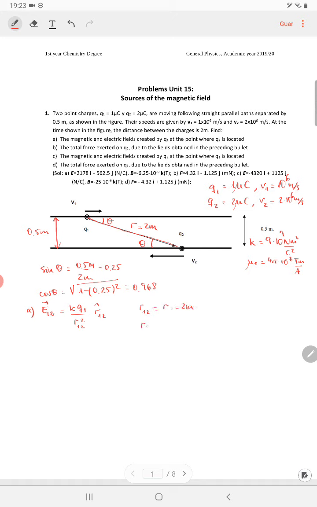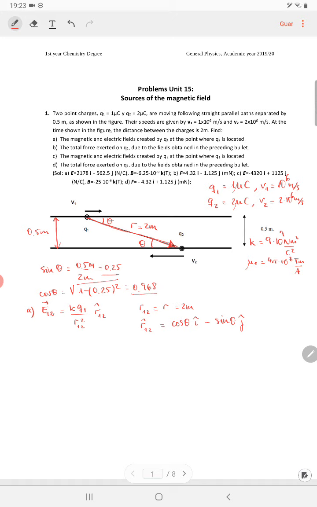And then to decide what this unit vector is, we see that r from 1 to 2 is this vector with this direction. So the unit vector is going to be equal to the cosine of theta in the direction of x minus the sin of theta in the direction j. We already derived these quantities.